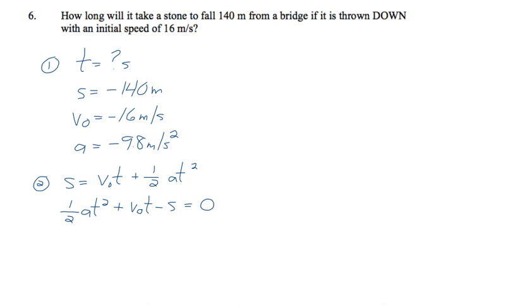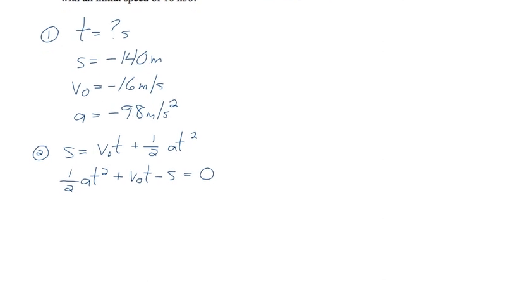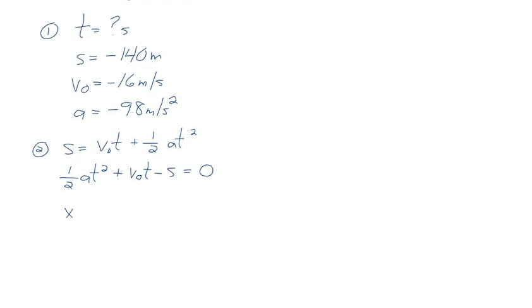So the quadratic formula, which is on your formula fact sheet also, is x equals minus b plus or minus the square root of b squared minus 4AC all over 2A.